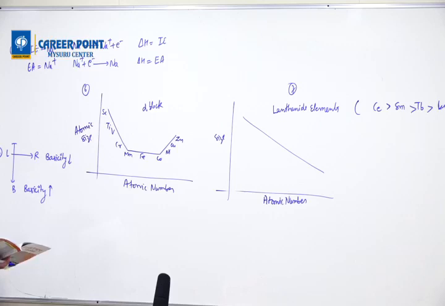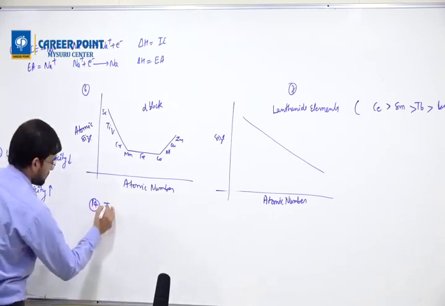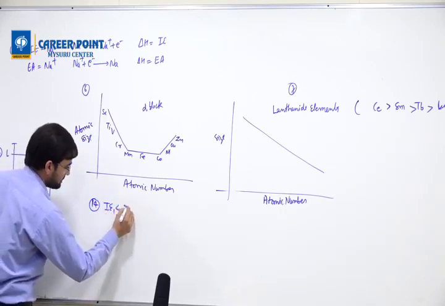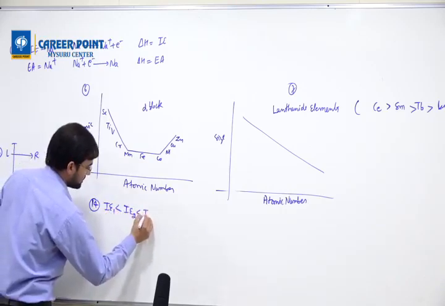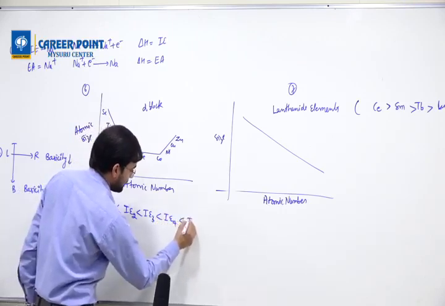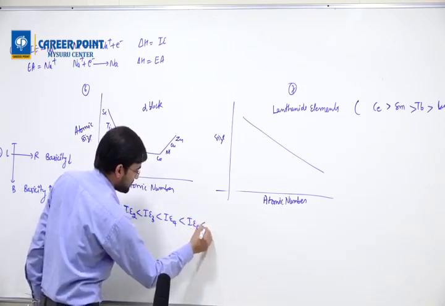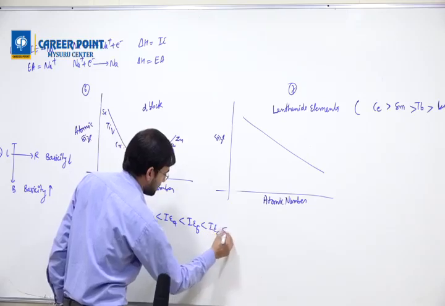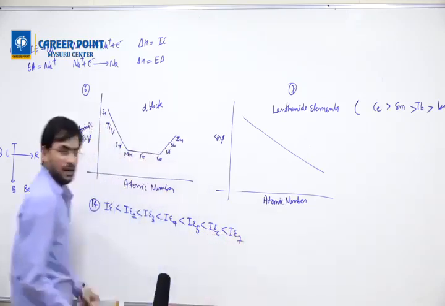Then question number 14. The highest ionization potential will be shown by the species. IE1 is less than IE2 is less than IE3 is less than IE4 is less than IE5 is less than IE6 is less than IE7.